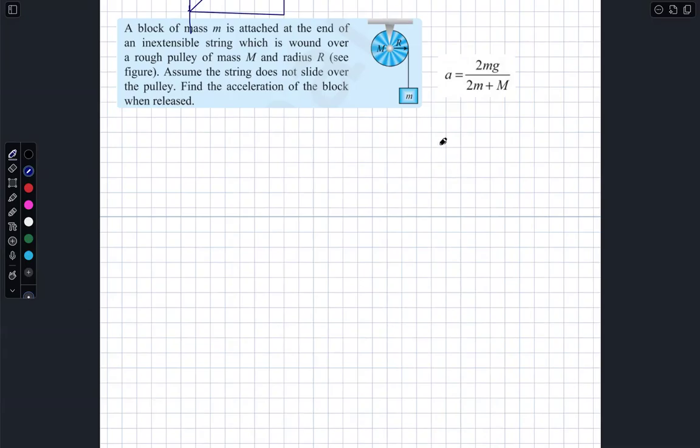Now in this, note that you have tension here and tension here.